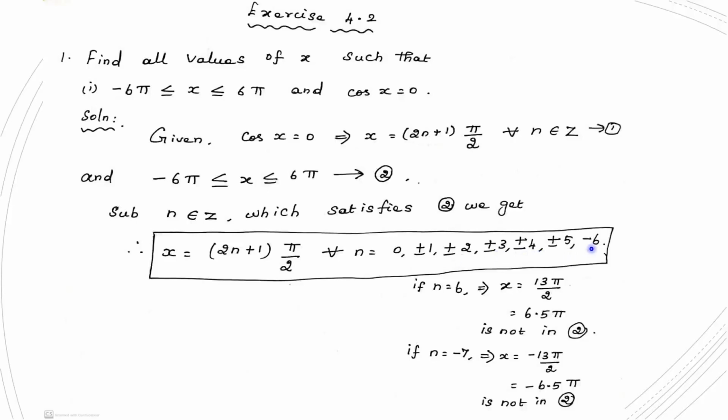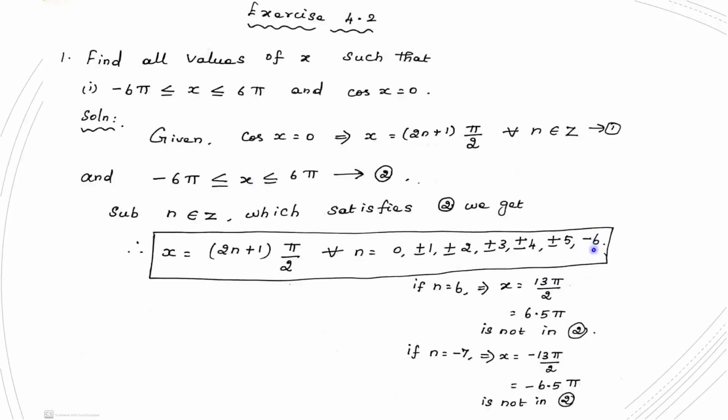Next we are going to substitute minus 6 means we will get 2 into minus 6 means minus 12 plus 1. That is minus 11 pi by 2. 11 pi by 2 அப்படின்னா minus 5.5 into pi. So minus 5.5 அப்படின்னா இங்க 6 pi க்கு உள்ளதா இருக்குது. So yeah, it satisfies this equation.